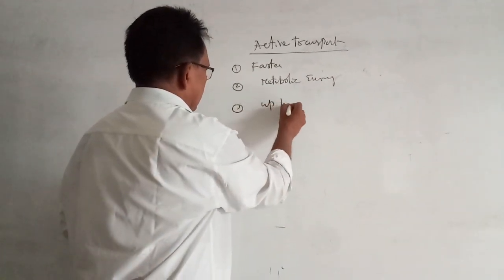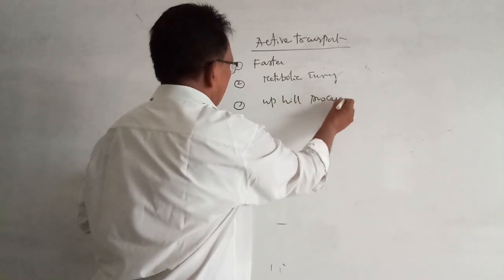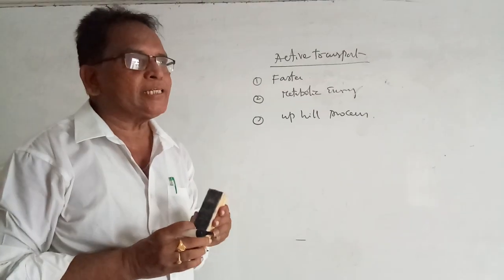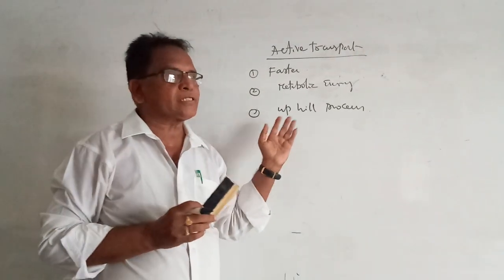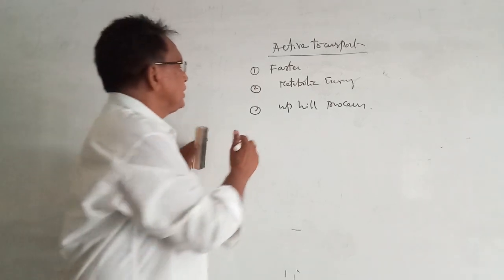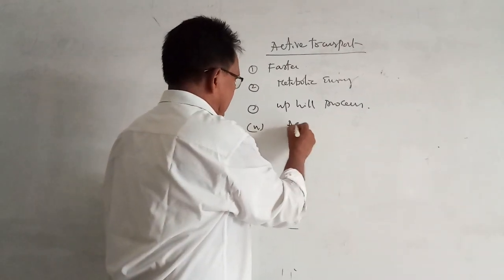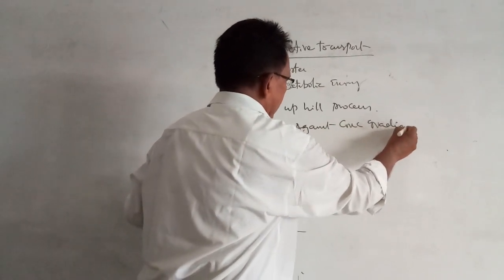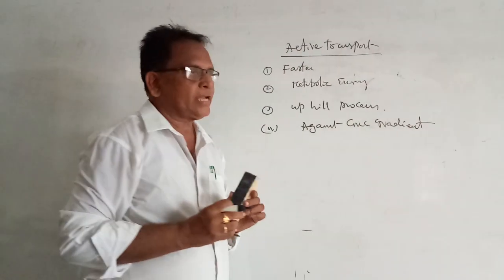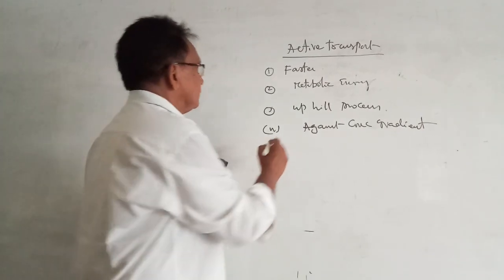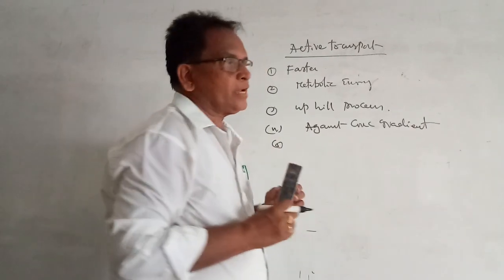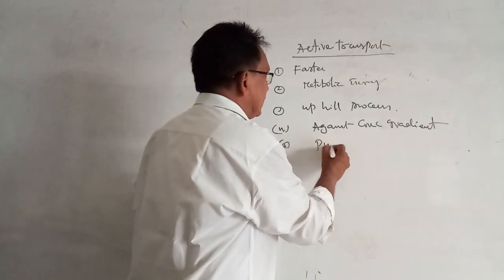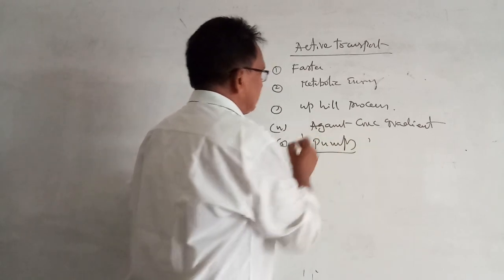It is an uphill process where the movement of molecules always takes place from lower concentration to higher concentration, so movement always takes place against the concentration gradient. Here also carrier proteins are required for this process, and these carrier proteins are called pumps.